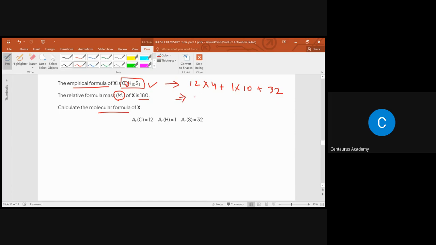What is the answer for this one? 48 plus 10 plus 32 is going to be 130.